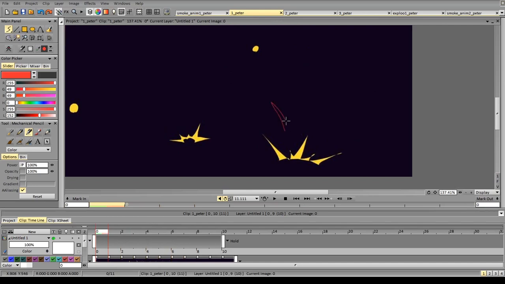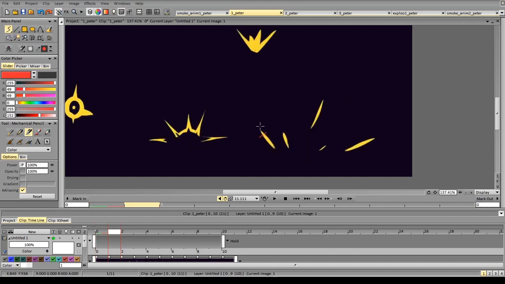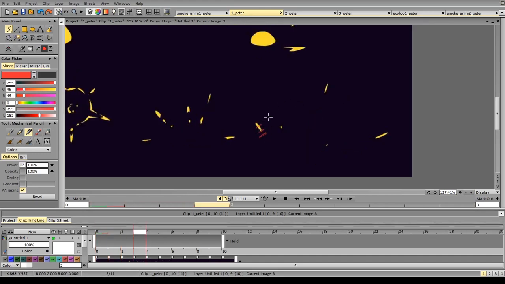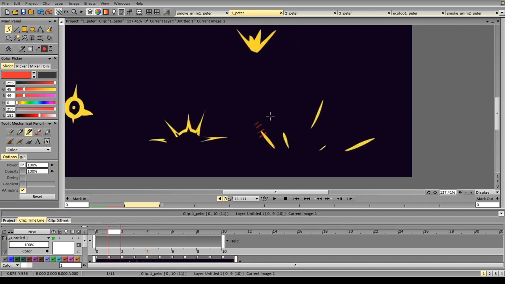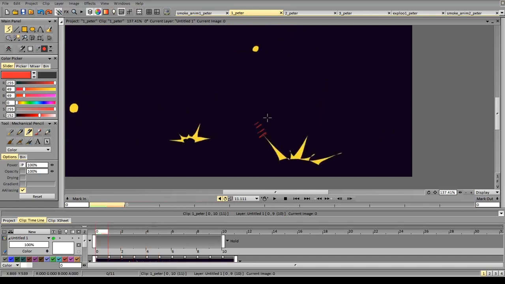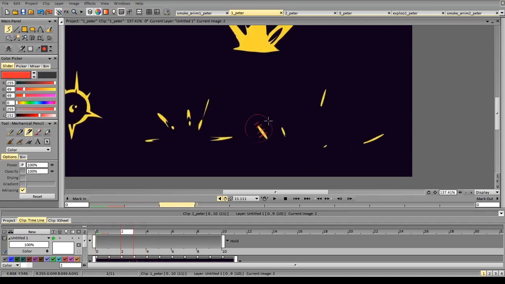Again, I would keep the shape more connected and get rid of this stuff. So there's no acceleration and deceleration in this particle.